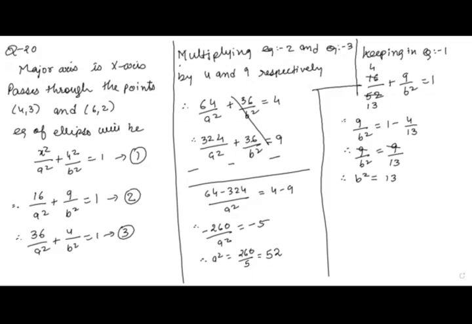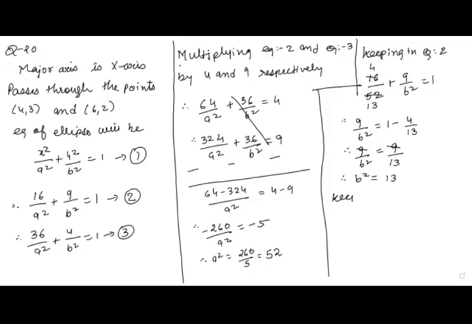So I got a value of a square, I got a value of b square, keeping these in equation 1. Here I was not keeping it in equation 1, but here we keep these values in equation 2. So this is my equation 2. Right.